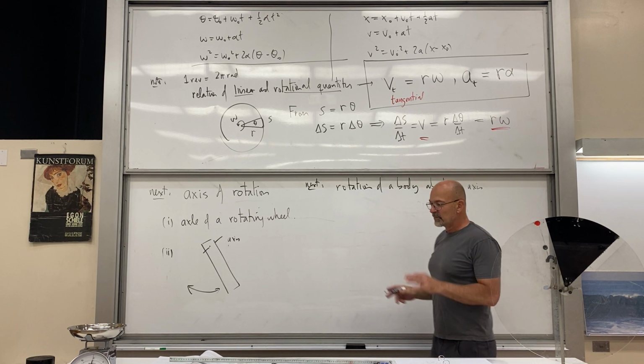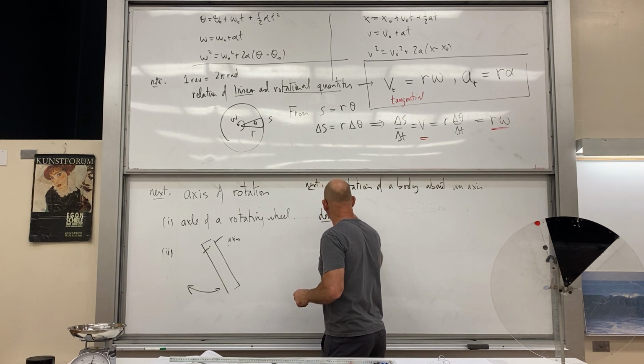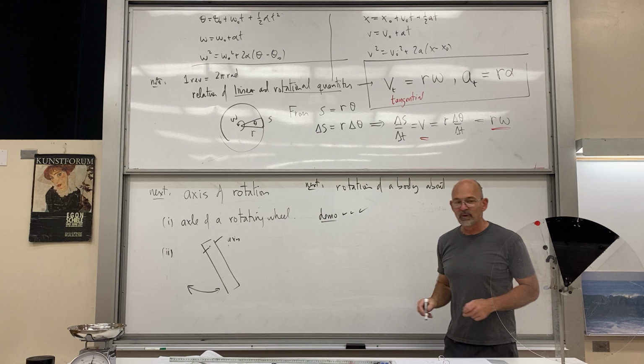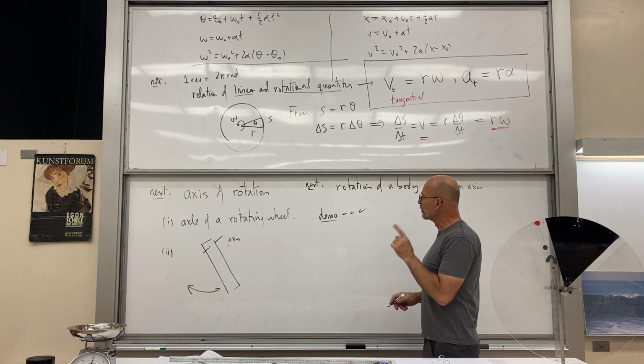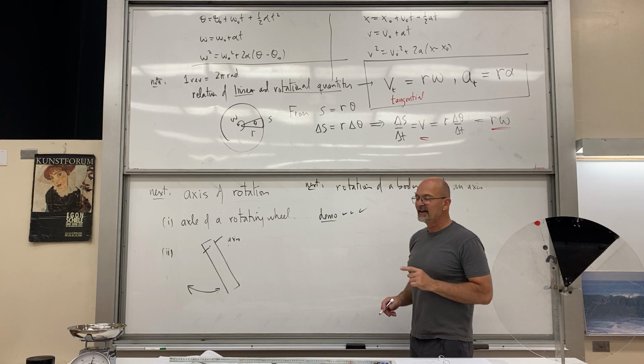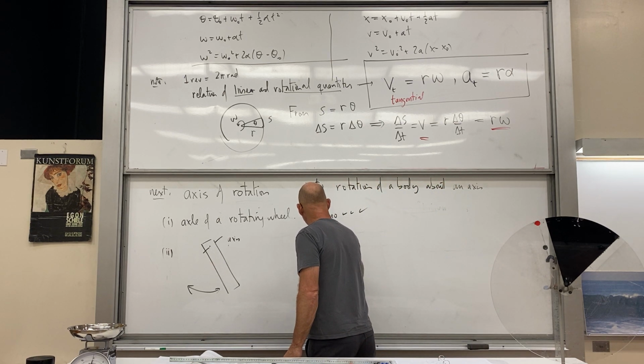So many possible demonstrations. You rotate wheels, you rotate this thing, I just showed you those. What we want to find now is what is the kinetic energy of a rotating body.